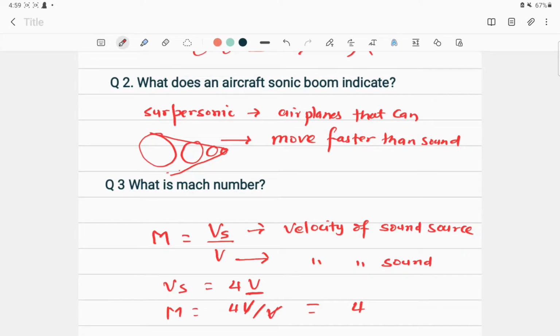So there are aircrafts that can move faster than the sound, and they create the sonic boom, which is actually high pressure behind them, and the Mach number indicates how fast those supersonic aircrafts are moving in comparison to the sound.